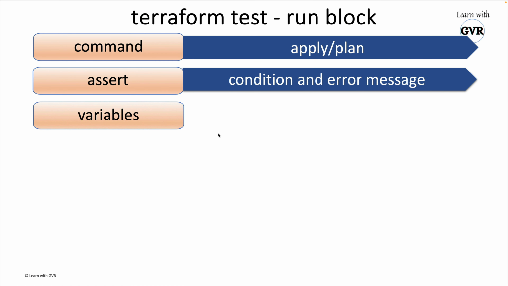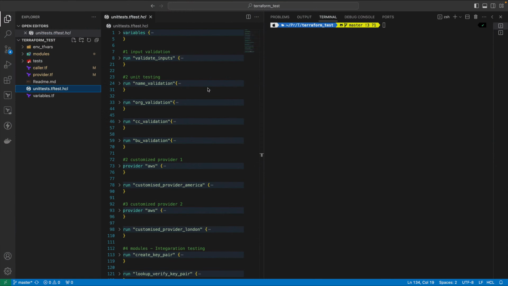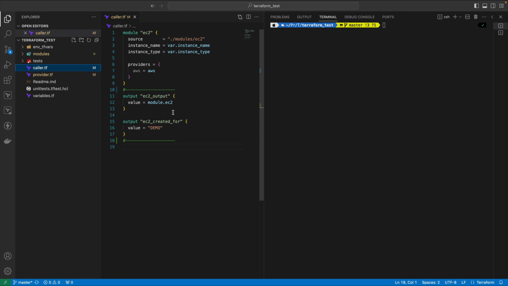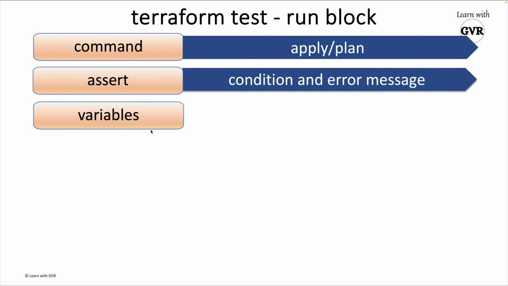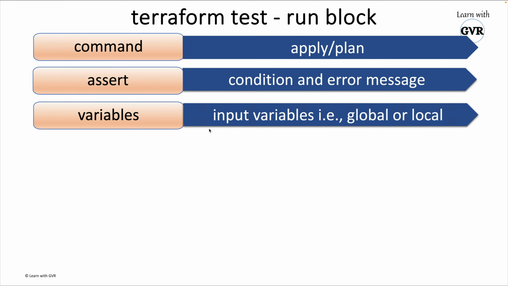Next is variables, Terraform testing specific variables. If your module has some variables, for example this is my EC2 instance creation, so here is a variable. You can define those variables and test specific variables. And one more thing, you can create global variables and local variables.